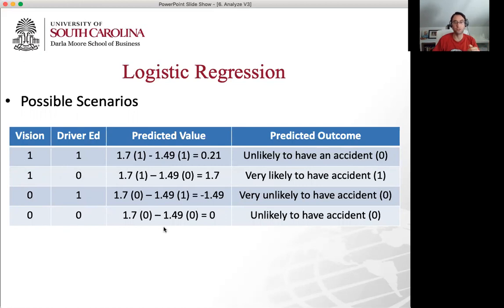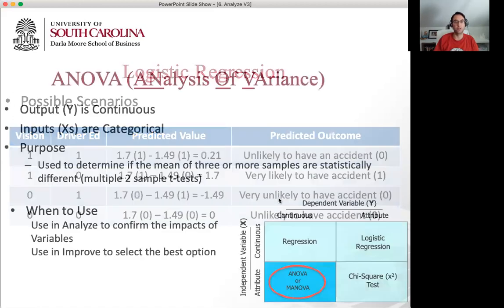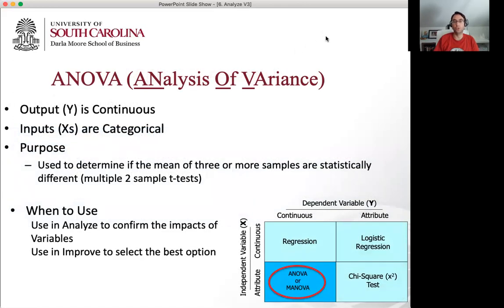If it's 0, 0, it's also unlikely because it's less than 0.5. So 50% is the middle, and whatever is below that, we're considered not having an accident. Whatever is higher than that, we're considered having an accident. So this is kind of the result of the logistic regression model. And now we're going to ANOVA, which is very, very, very, very, very fun.